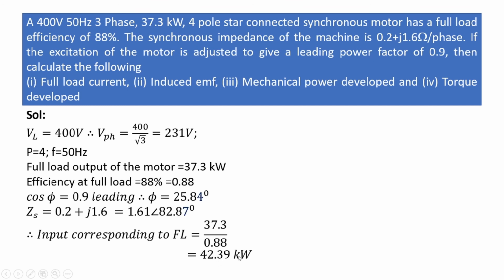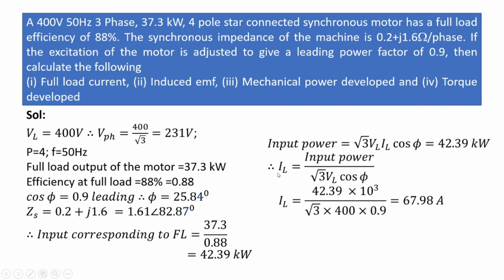So from this power rating and line value of voltage, we can calculate the current. Input power is equal to root 3 VL IL cos phi, which is 42.39 kilowatt, and from this we can calculate the line value of the current as input power by root 3 into VL cos phi. Substituting, we obtain the line value of the current as 67.98 ampere.